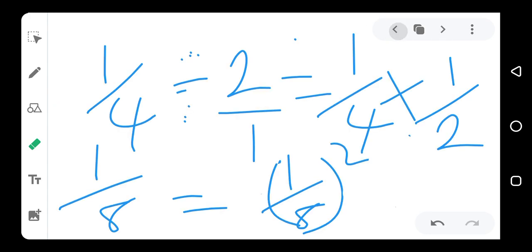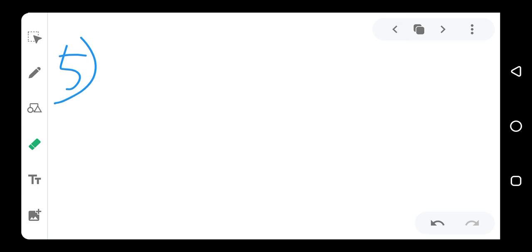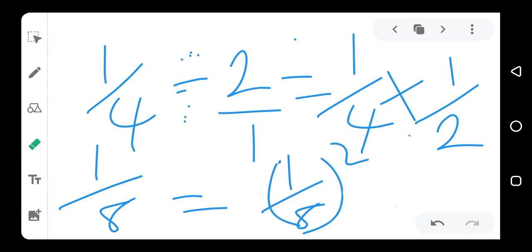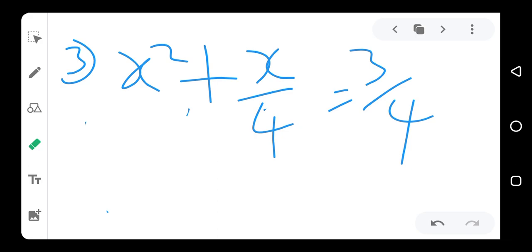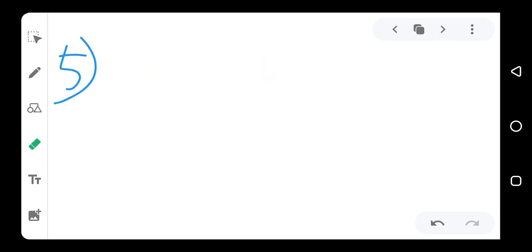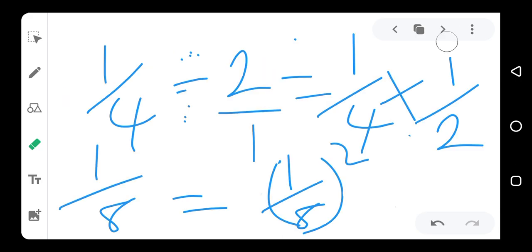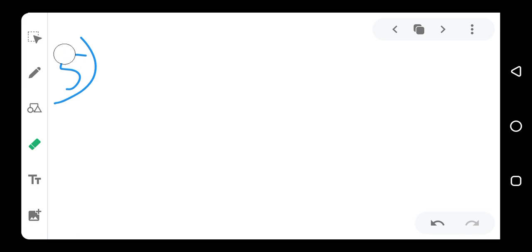Now that is step 6. This is step 3. Step 3, step 4.